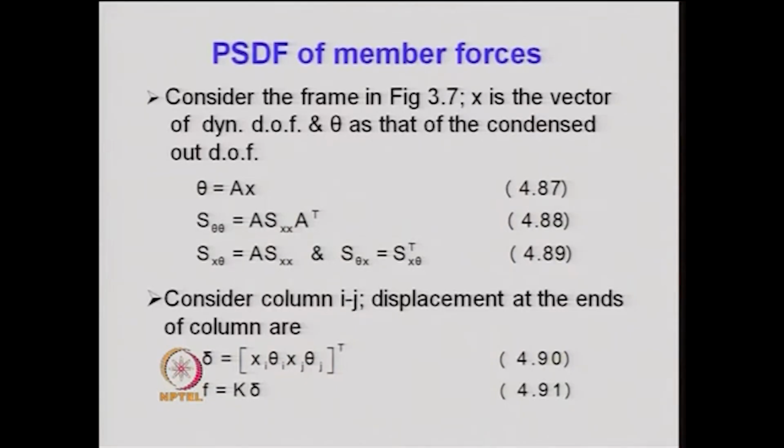But if you want to find out the power spectral density function of member end forces for a multi support excitation problem, then one has to obtain the power spectral density function matrix of the total displacement, and then from there we have to take out the relevant terms to form the power spectral density function matrix S delta delta, which can be multiplied with the stiffness matrix K and K transpose to obtain the power spectral density function of the member forces.